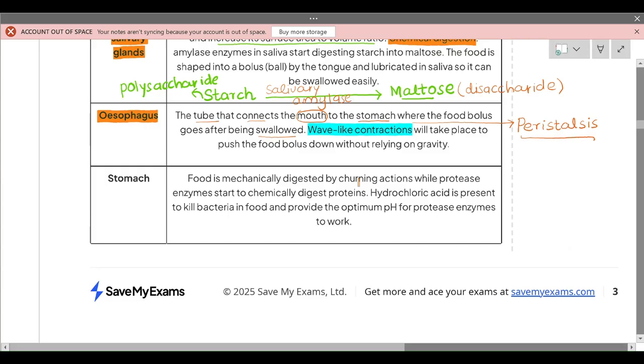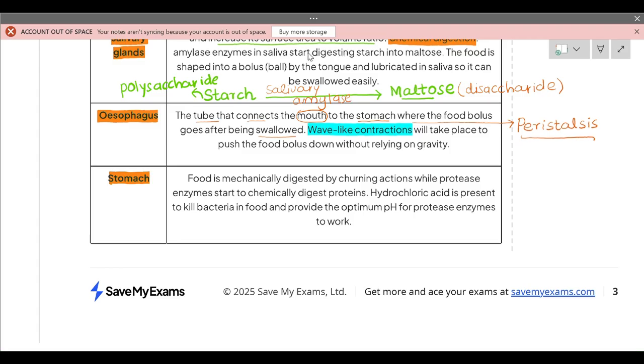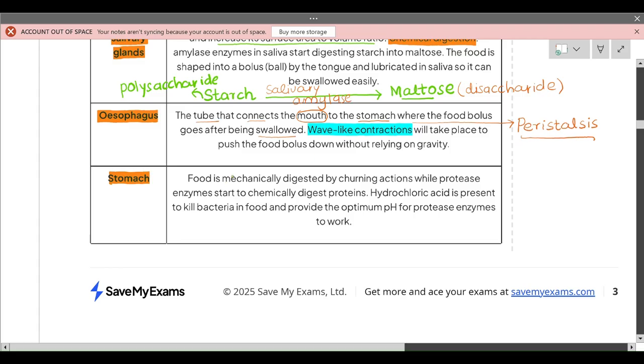So for the stomach, first of all, we need to understand which kinds of digestion take place. Both chemical as well as mechanical digestion take place. So let's discuss both of them. Mechanical digestion, as we discussed yesterday, takes place through a churning action.